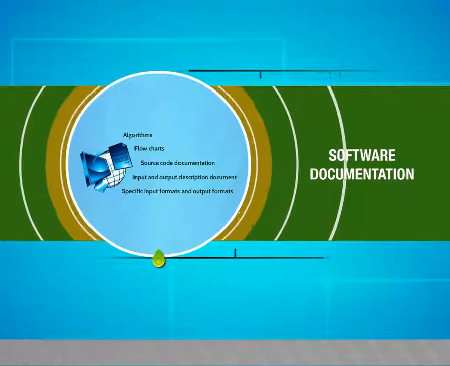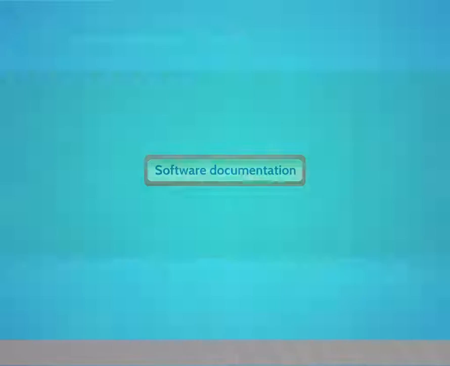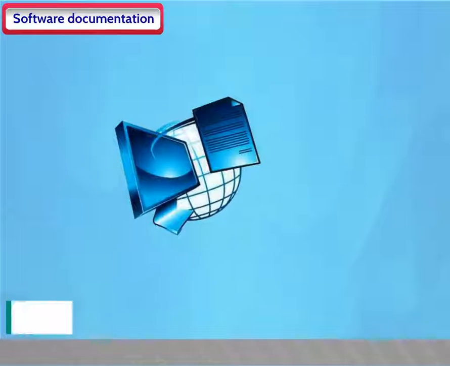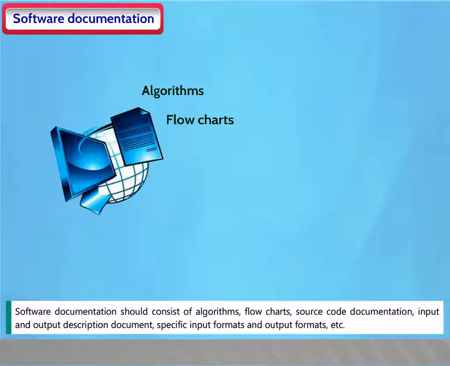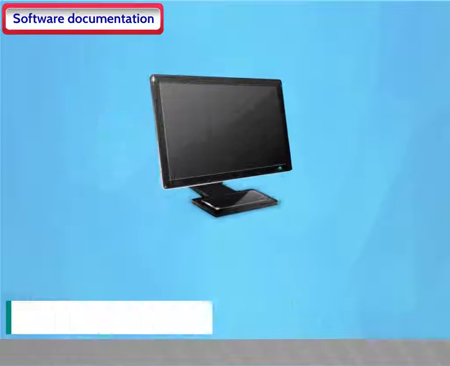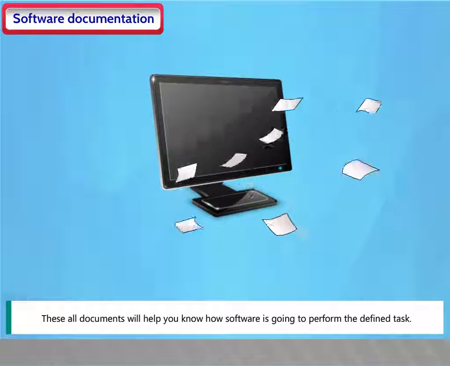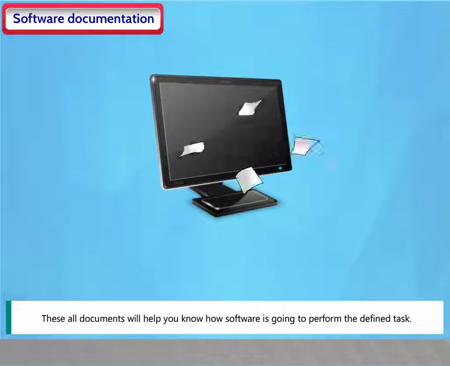Software documentation. In this video, we are going to see about software documentation. Software documentation should consist of algorithms, flowcharts, source code documentation, input and output description document, specific input formats and output formats, etc. These documents will help you know how software is going to perform the defined task.